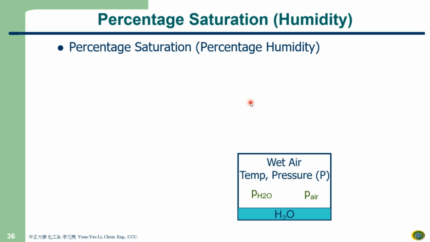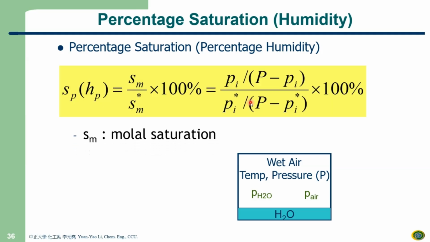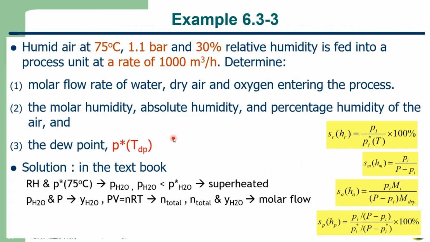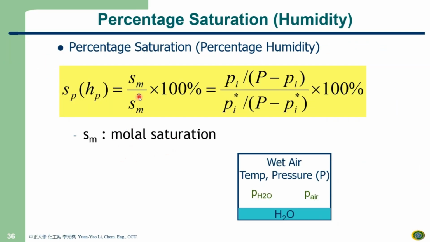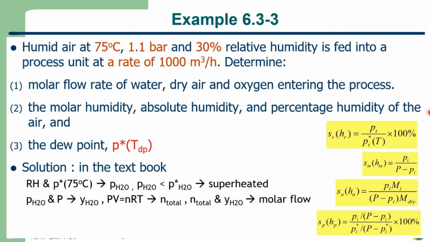And another one is called percentage saturation. Percentage saturation is this. Okay, so this is another definition. This is the previous one, molar saturation. This is an example, just to tell you that if I give you the conditions, I want you to find this for the definitions of humidity.